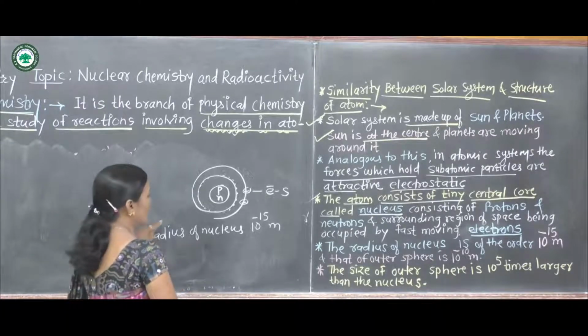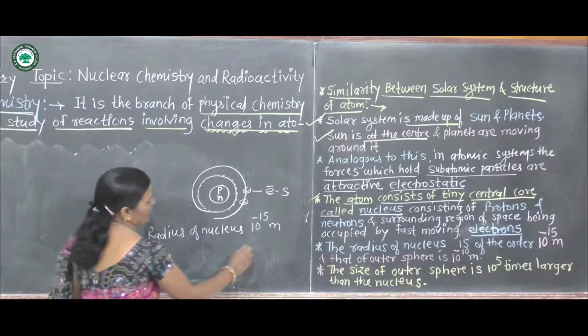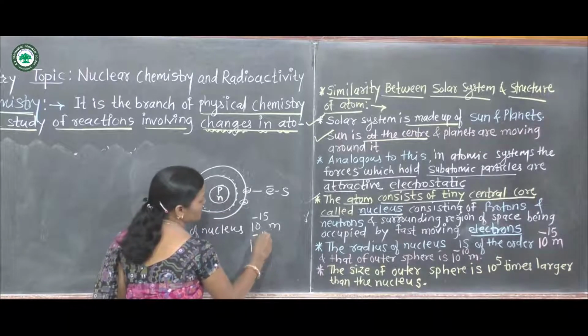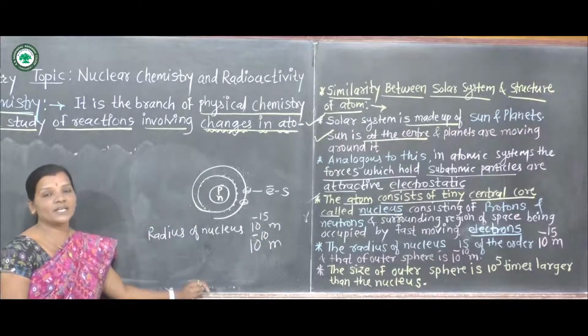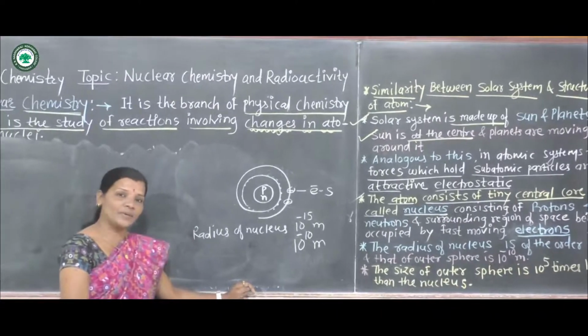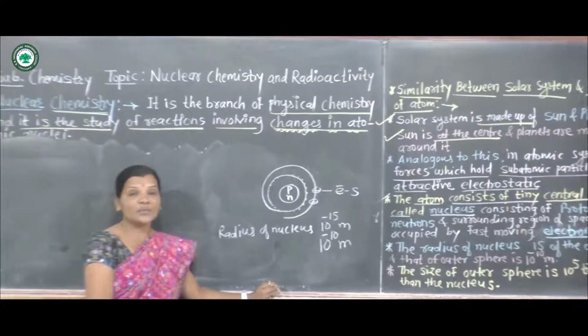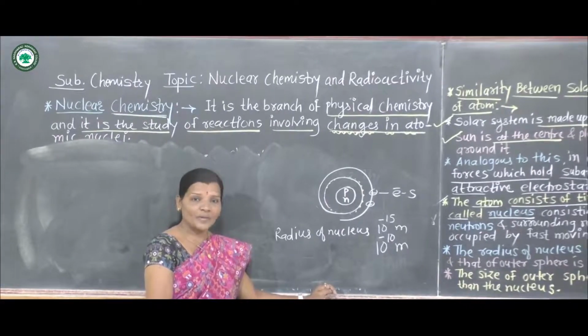And the outer sphere has a radius of about 10 raised to minus 10 meter. The radius of the nucleus is 10 raised to minus 15 meter, and the radius of the outer sphere is about 10 raised to minus 10 meter.